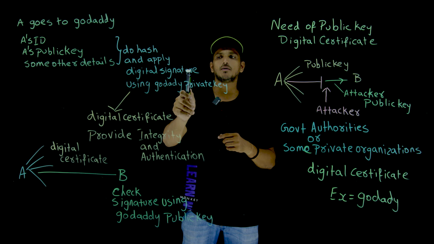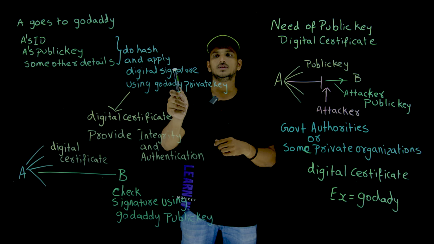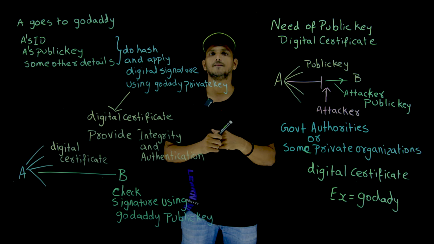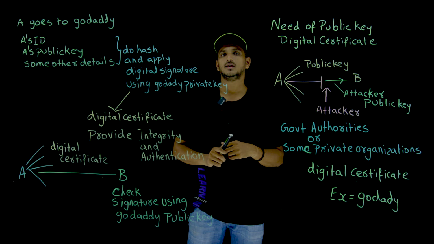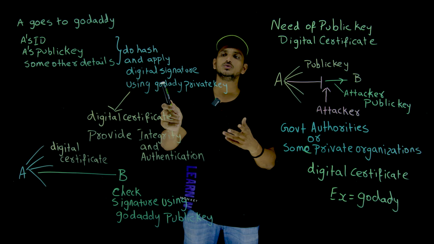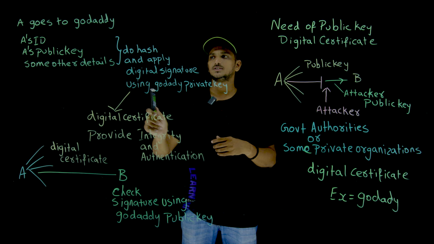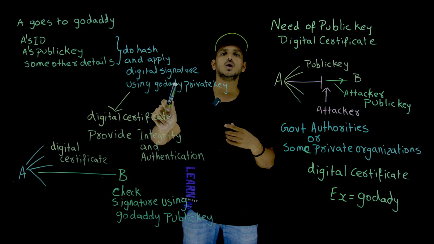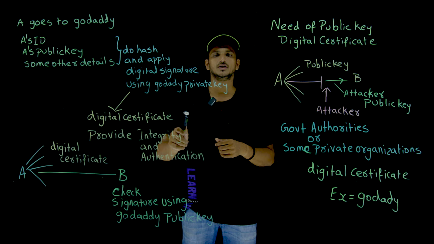This digital signature is applied using GoDaddy's private key. This digital signature is to provide authentication, and it can be verified using the public key of GoDaddy. So this entire thing, this data, this hash value and this digital signature, we call it a digital certificate.